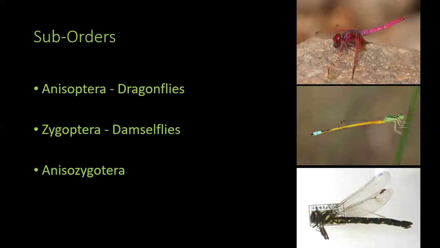Anisozygoptera, the third suborder, consists of only a few living species, only 4 species, if I'm not mistaken, of a single genus. So it's not a common suborder that we usually discuss, but in the Asian region, in the Himalayan regions, moving from the eastern Himalayas to southern China and then towards Japan, you can see these Anisozygopteran species.